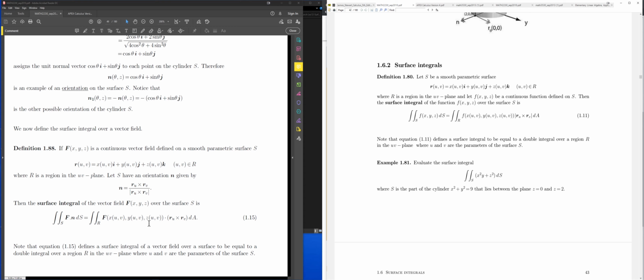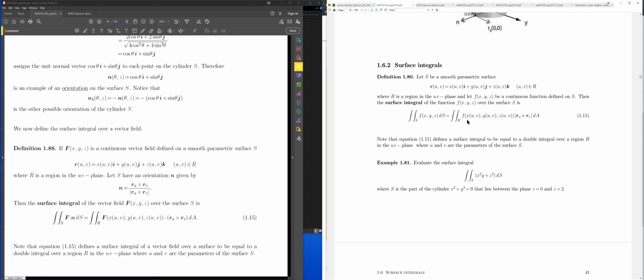Now, when I take a dot product of that, what I'm going to end up with is just a function in terms of u and v. And now, when I have that function in terms of u and v, I'm going to do a double integral over R. In that sense, that's similar to what I have over here.